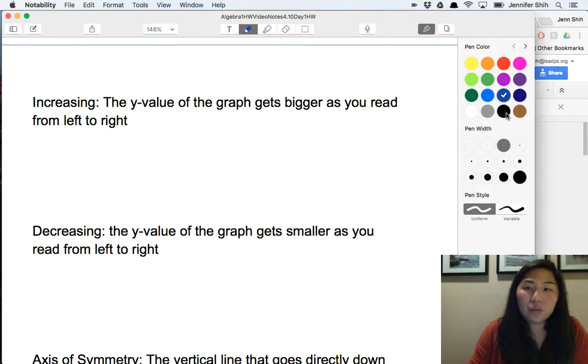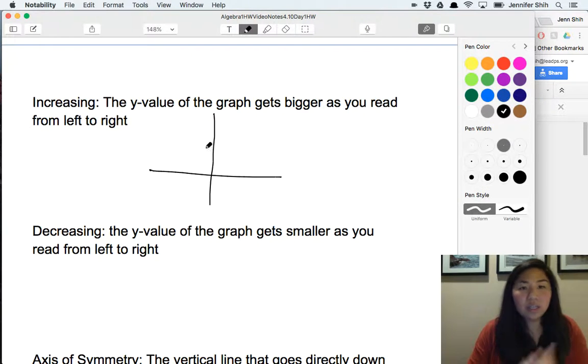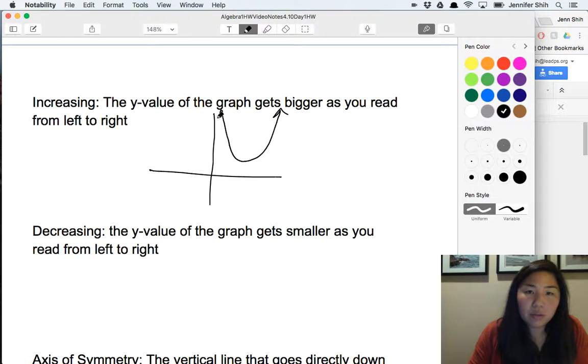So I want to draw you a picture, and this is going to work for both words, increasing and decreasing. You might have heard the words increasing and decreasing before in other parts of your life, but I want to talk about what it means when we're talking about parabolas. So say I have a parabola.